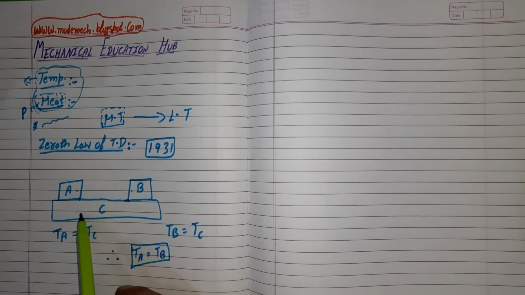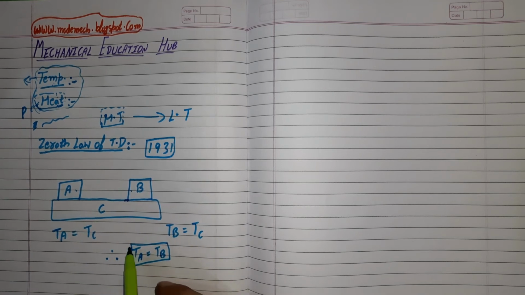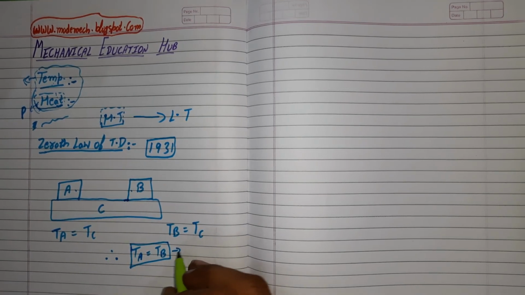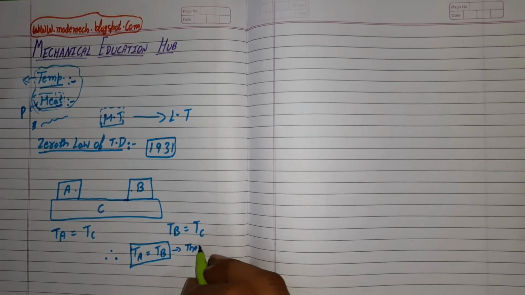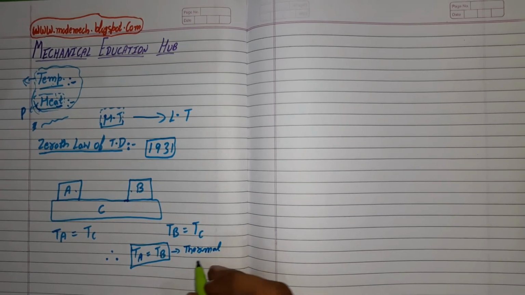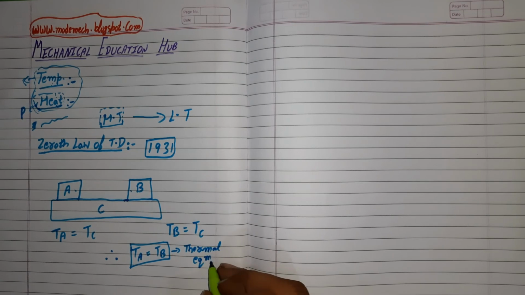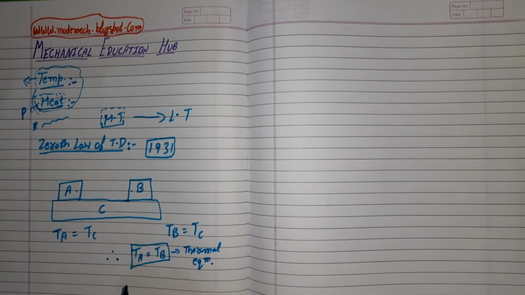If they are in thermal equilibrium with a third body C, then A and B will also be in thermal equilibrium. This is our Zeroth law of thermodynamics.